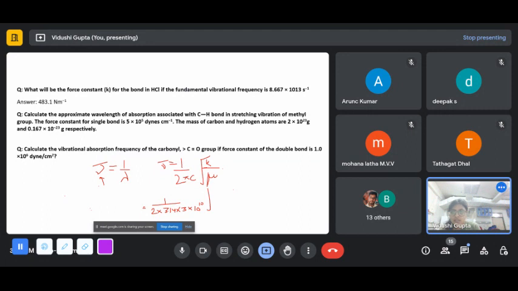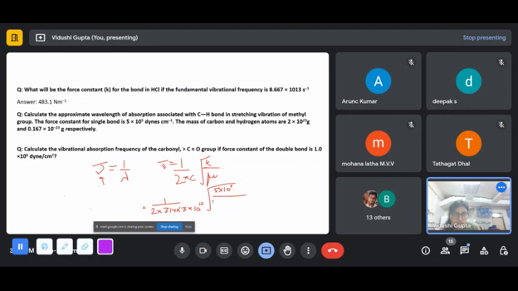And k is given, 5 into 10 raised to 5. And masses are also given. So mu is m1 m2 upon m1 plus m2.